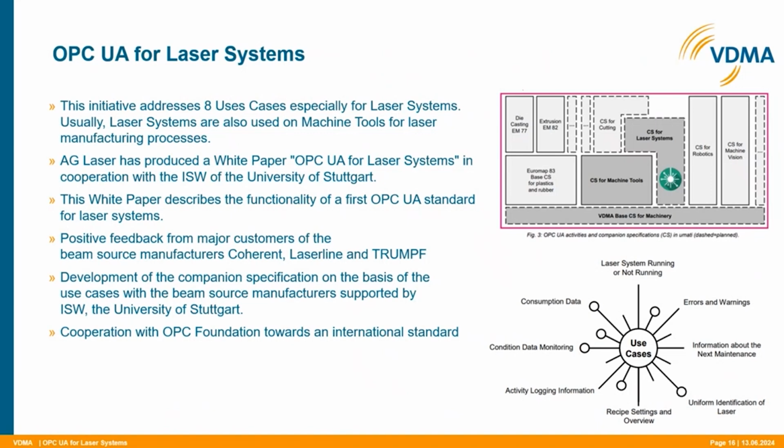So the work on a companion specification began in November, December 2022. The goal was to create an internationally accepted standard. Shortly after the start, we collaborated with the OPC Foundation.